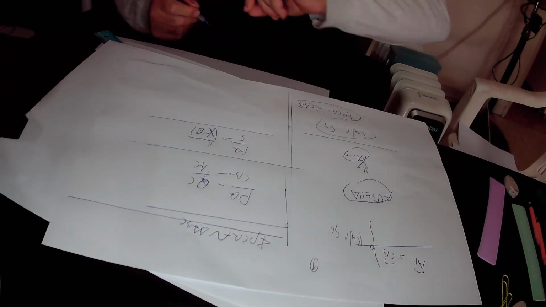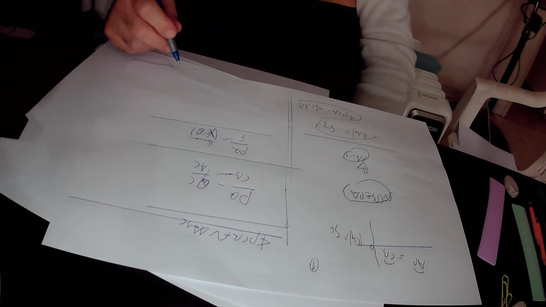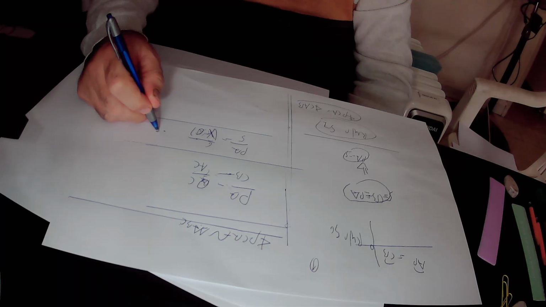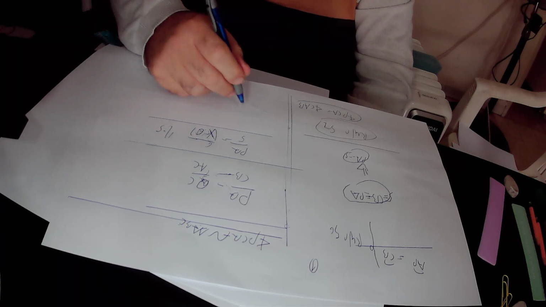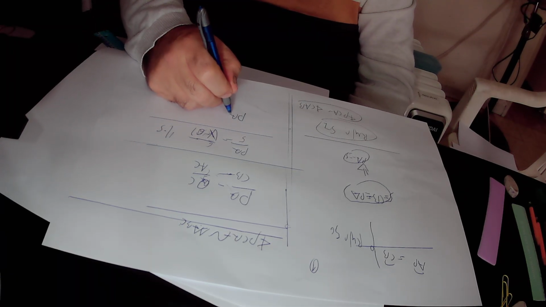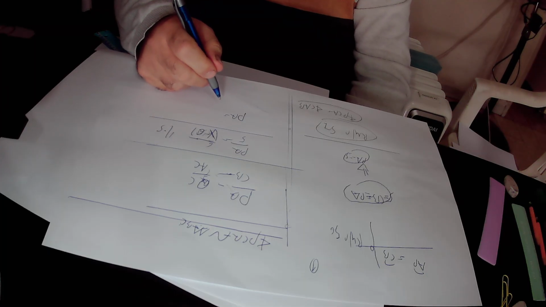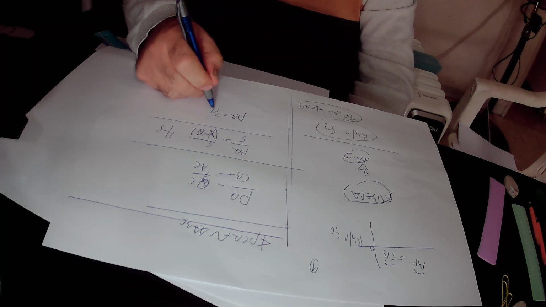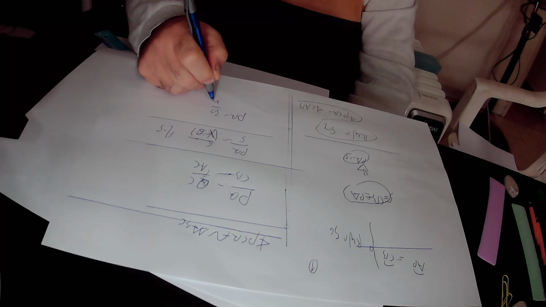Here we multiply the equation by 5, and find that the missing side PQ is equal to 5 times 6, which is 30, over x plus 6.